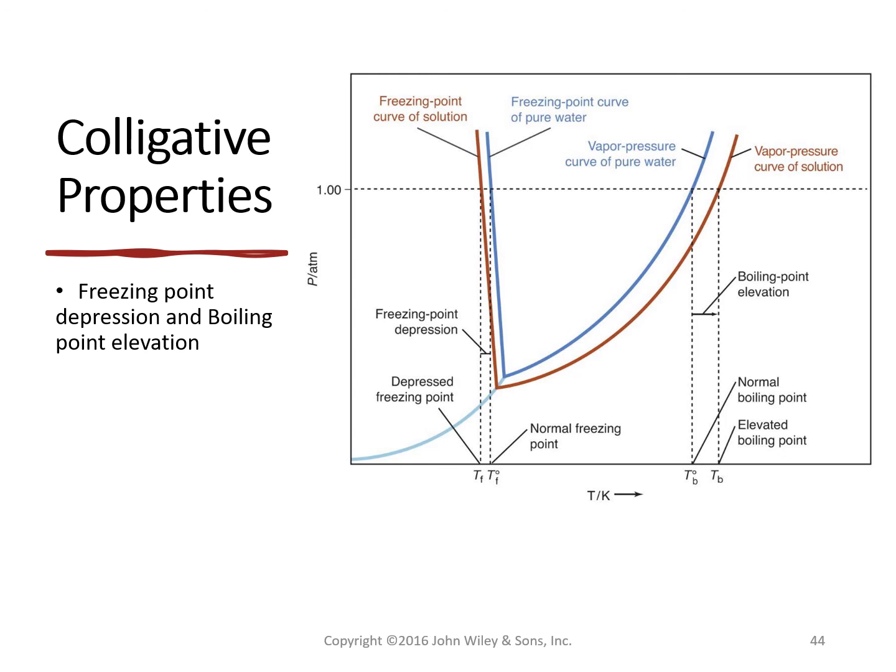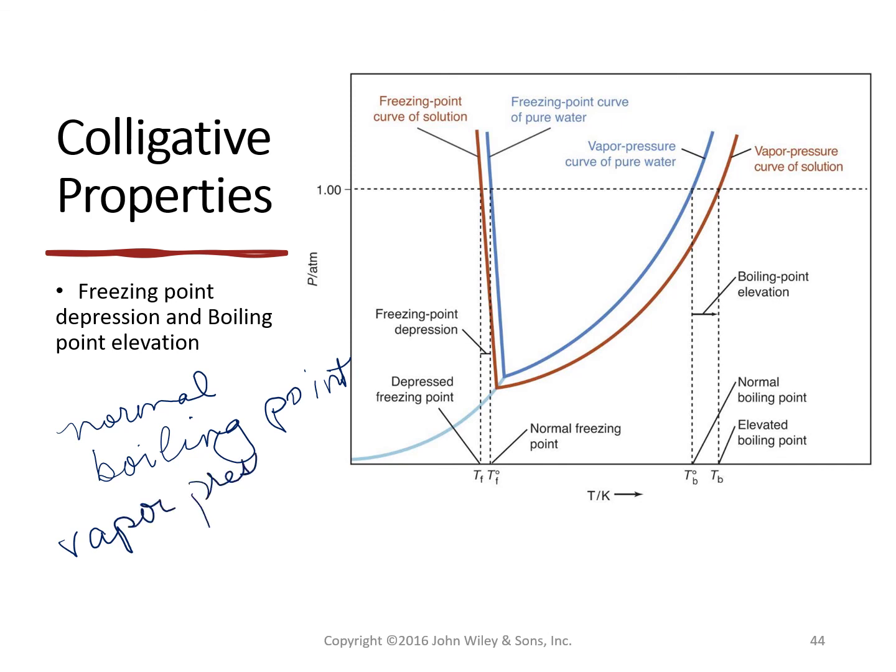So again, if I lower my vapor pressure, and remember normal boiling point is at 1 atmosphere, right? The boiling point is when vapor pressure is equal to 1 atmosphere.